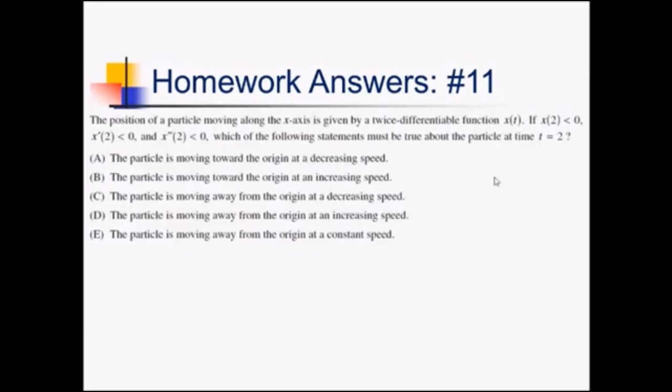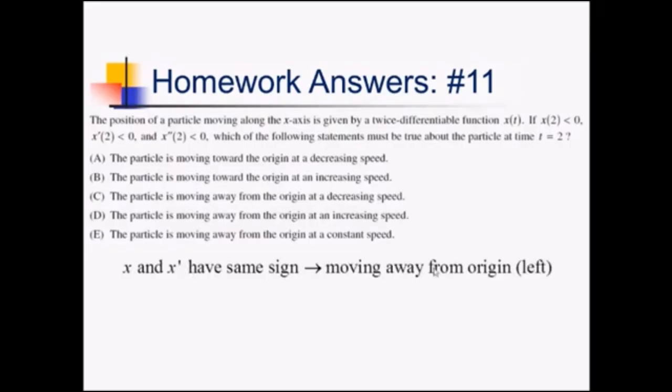So looking at our facts here, we have a negative x and x prime. Since those have the same sign, this is telling us that we are to the left of the origin, and since we have a negative velocity, that means we're moving in the left direction. Since we have the same sign for x and x prime, that means that we're going away from the origin, and that would be true if they were both positive as well.